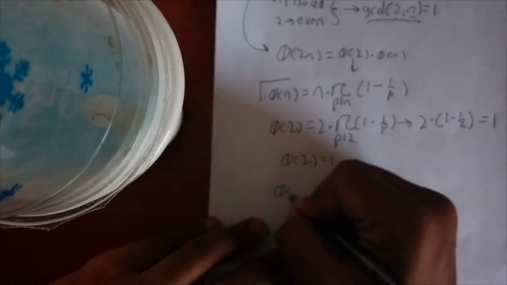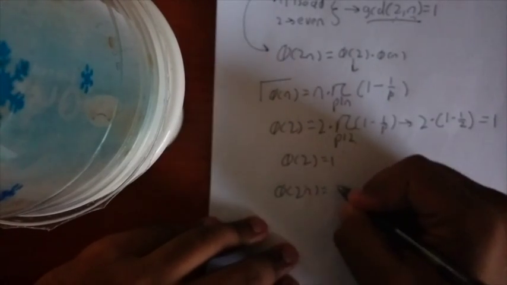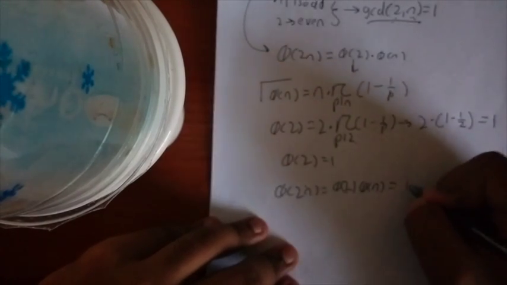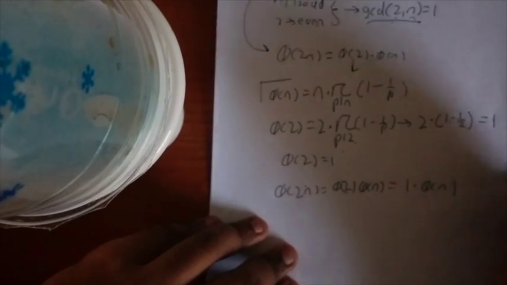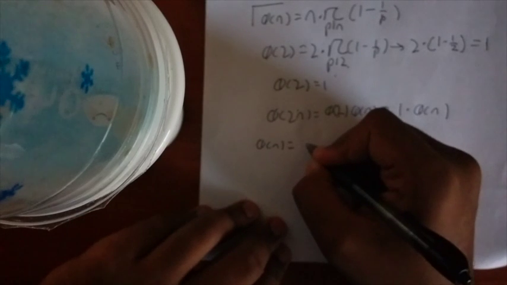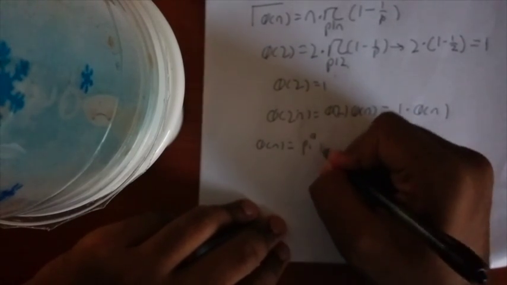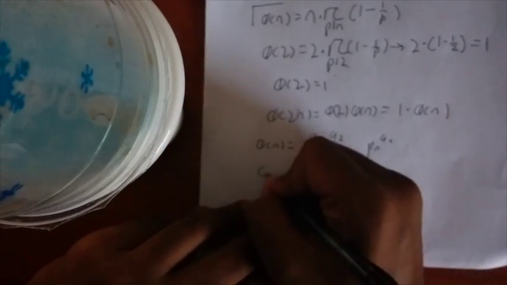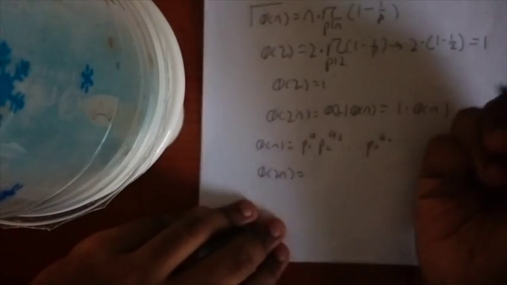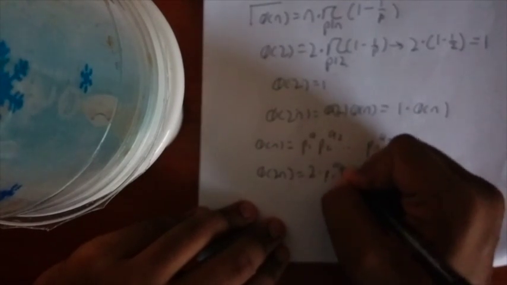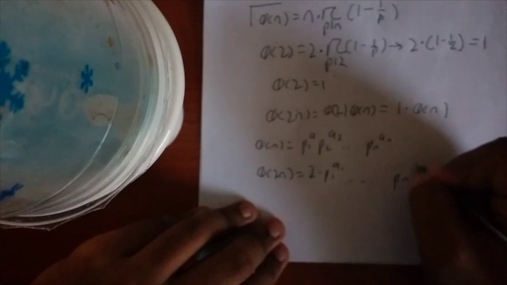So that means phi of 2n equals phi of 2 times phi of n, which equals 1 times phi of n. So this is kind of the shorthand way to write it. You could write that phi of n equals the prime factorization p1 to the a1, p2 to the a2, dot dot dot, p_n to the a_n, and then phi of 2n is the same thing, so it's 2 times p1 to the a1 through p_n to the a_n.